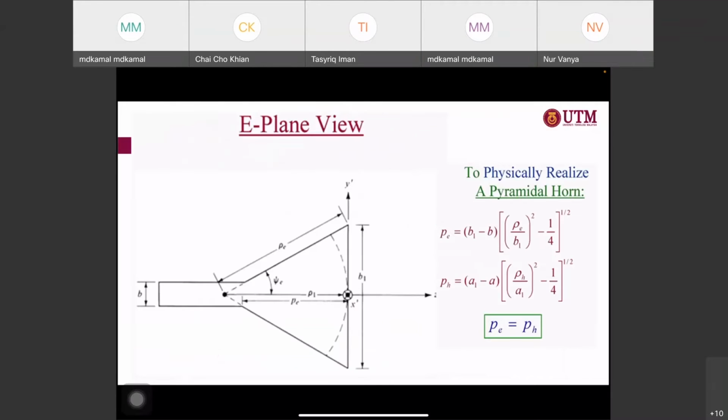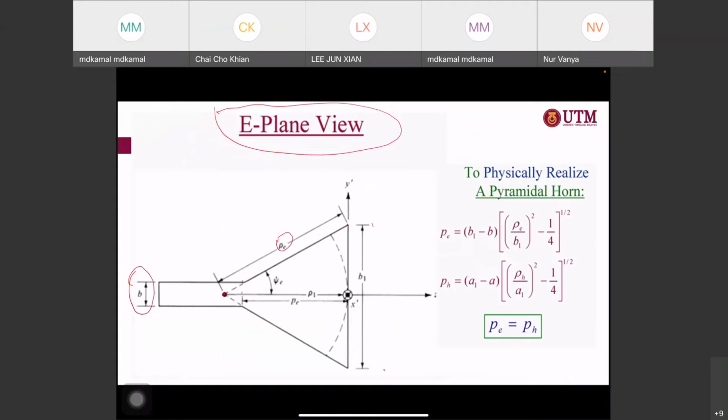I just want to show you, for the E plane, a bigger view of the horn size. This is the dimension of your waveguide, and then this is your rho E from this point to this, and P1 from this point to the center of this, and then this is the aperture size. From here we know that this is the PE.